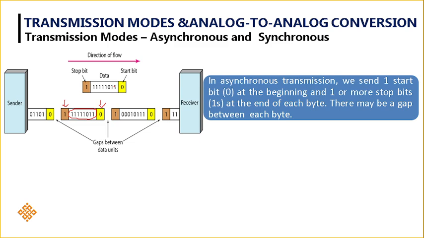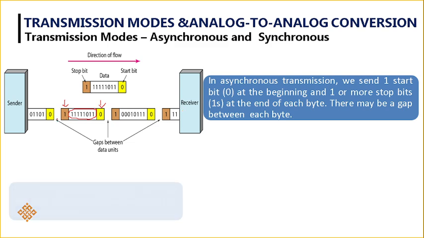Since it is asynchronous, the data is sent randomly, so we need to keep track of which byte is being sent. For that, we need some flags: one start flag and one or more stop flags. So we attach one start flag, known as 0, for every byte and one or more stop bits. And there may be a gap between each byte.